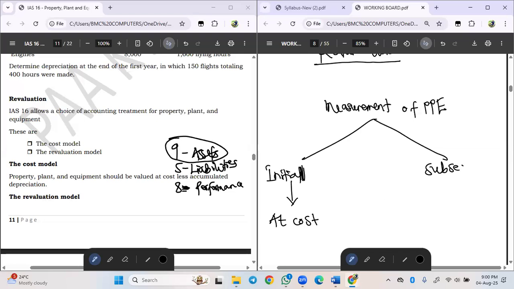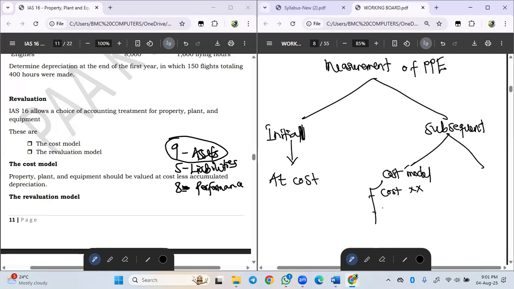Now going forward, those are the subsequent ones. You have the option to choose between 2 models. The cost model is just simple. The cost of the asset, okay?